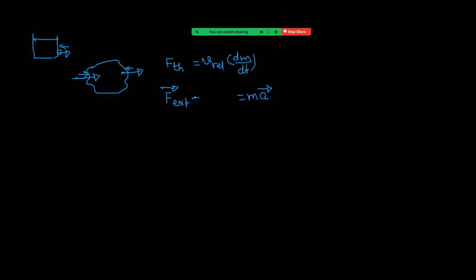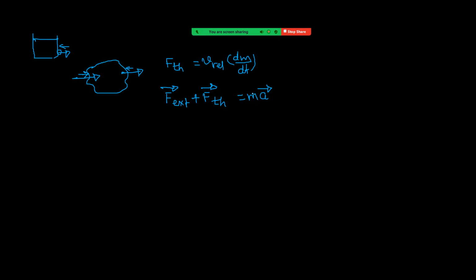So along with all these external forces, take one extra force, that is thrust force. The remaining forces are as usual. Now this becomes net force, which is equal to mass into acceleration.